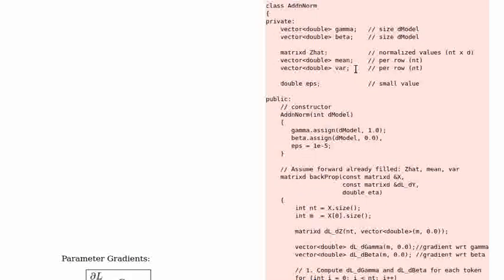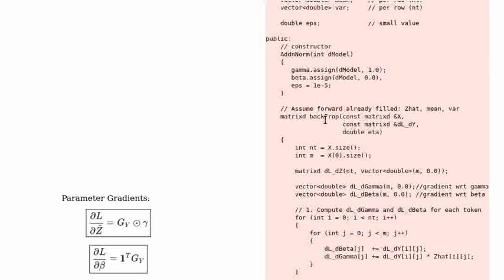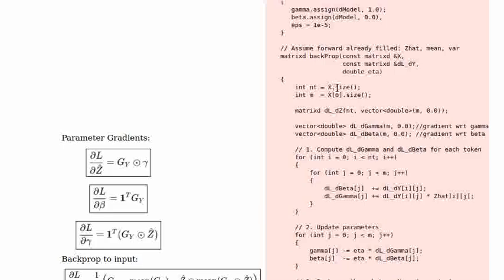These have been calculated. So in the backprop routine, the input parameters are x, dL/dy, and eta. So nt is x size, m is d model. It is x0 size. And we declare the matrix dL/dc with dimensions nt and m, the d model, and fill that with value 0.